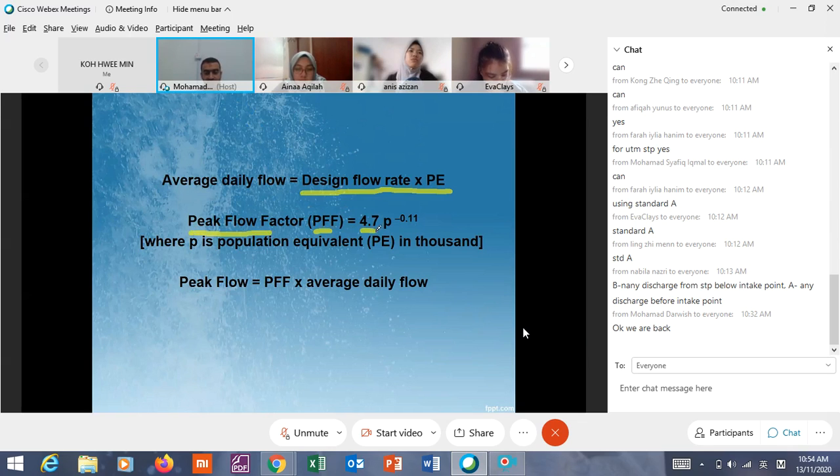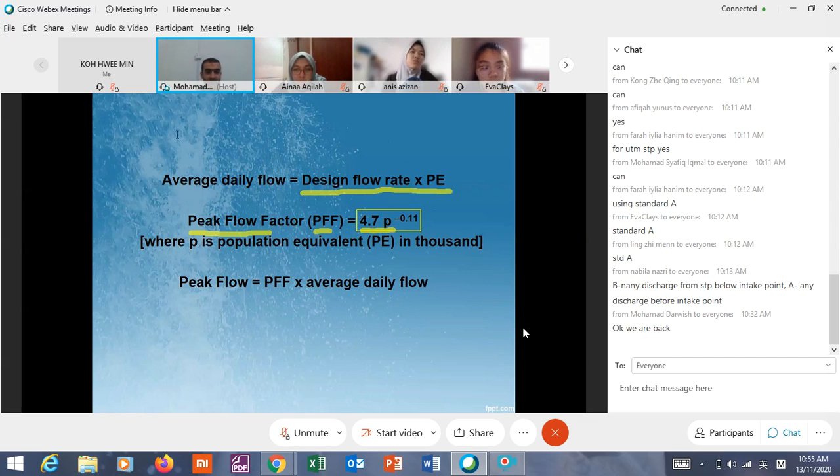PFF equals 4.7 times P to the power minus 0.11. You remember that this P is the PE, but in thousands, which means that if PE is 20,000, PFF equals 4.7 times 20 to the power minus 0.11.